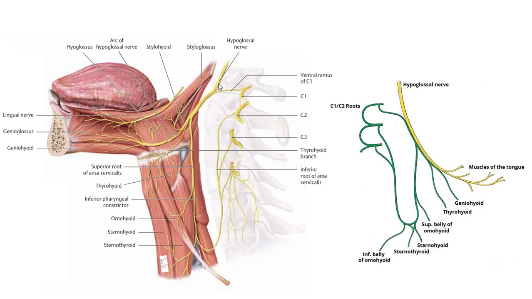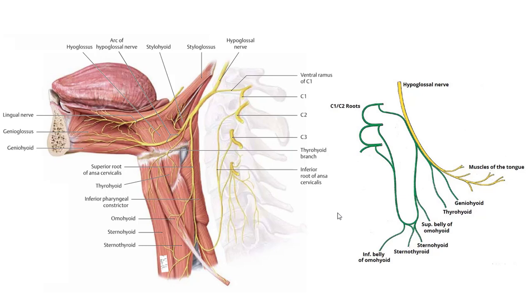As it completes this descent and begins to pass forward across the internal and external carotid arteries, some fibers join with the fibers of the C1 nerve and form the superior root of the ansa cervicalis. These fibers finally innervate the geniohyoid and thyrohyoid muscles.